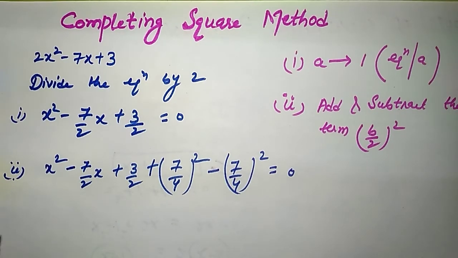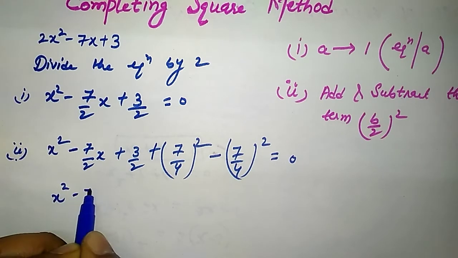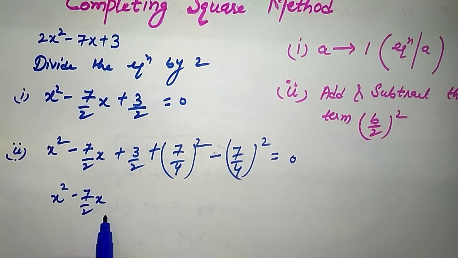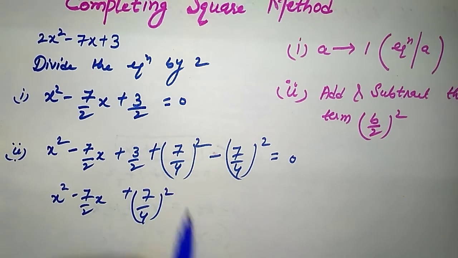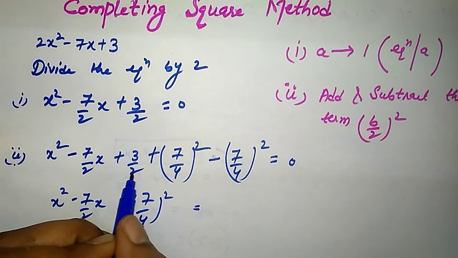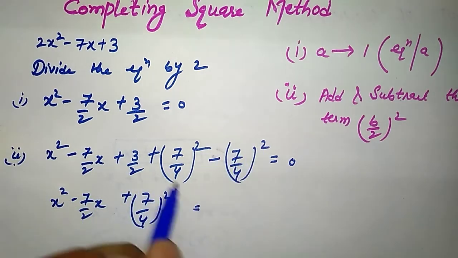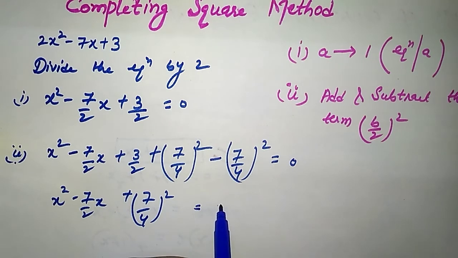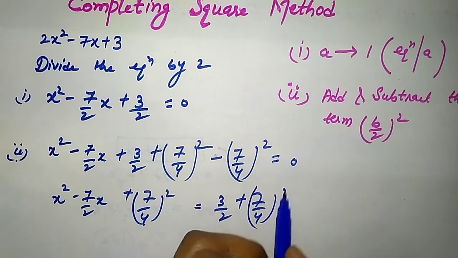Now what we have to do is x square minus 7 by 2x plus 7 by 4 square will remain here, and this 3 by 2, this c term, and this minus 7 by 4 whole square will come to the right side. So it becomes 3 by 2 plus 7 by 4 whole square.